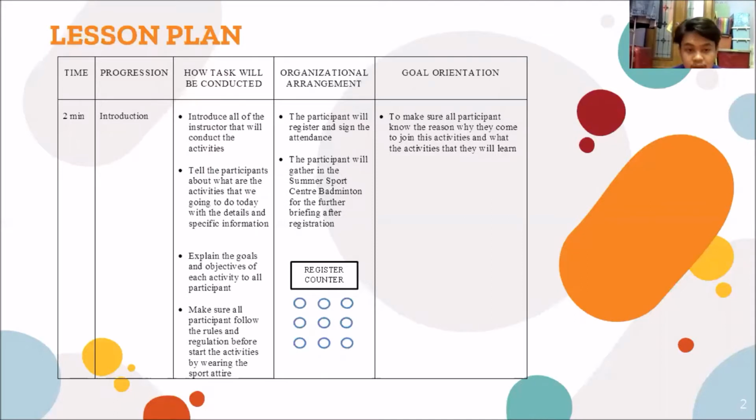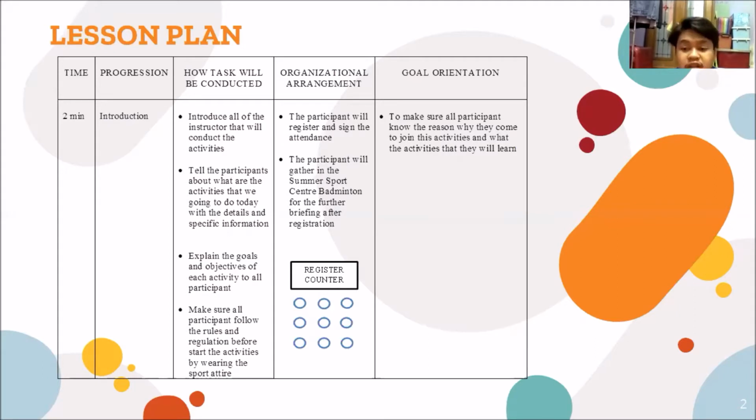In the introduction also, we as instructors will make sure our participants follow the rules and regulations, which is wearing the sport attire and bringing their equipment such as the racket when joining our activities.